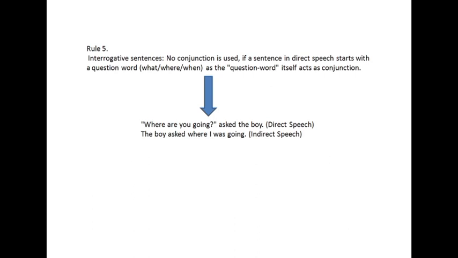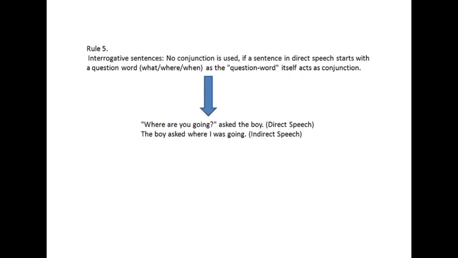Rule number 5, interrogative sentences. No conjunction is used. If a sentence in direct speech starts with a question word like what, where, when, the question word itself acts as a conjunction. So, the example, we have, "Where are you going?" asked the boy. The boy asked where I was going.